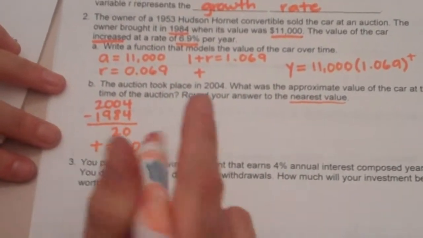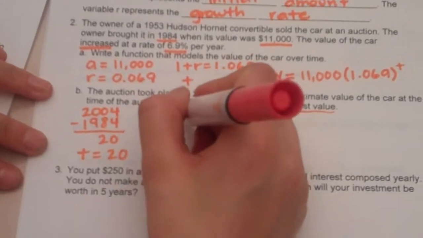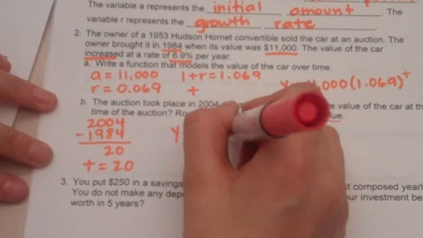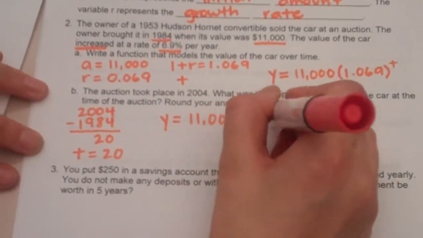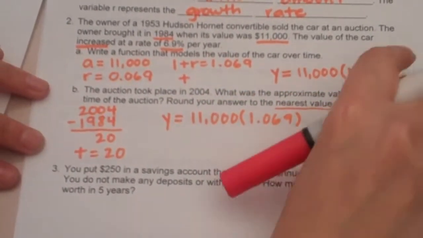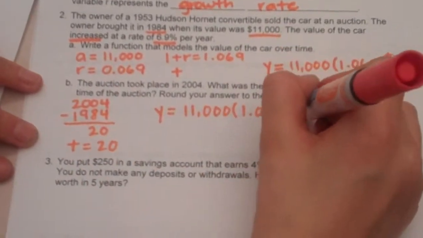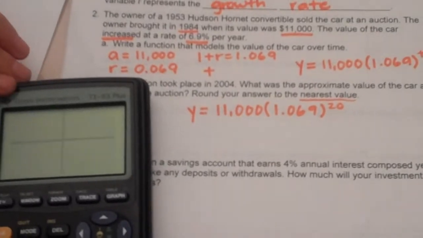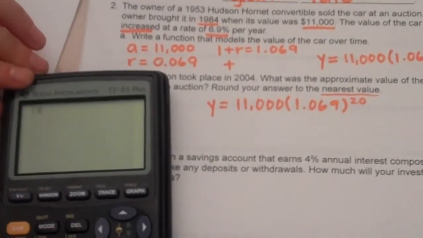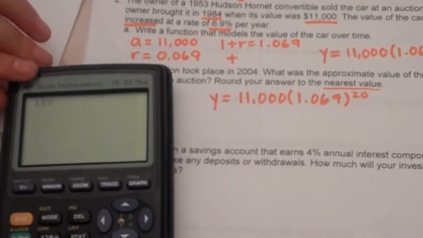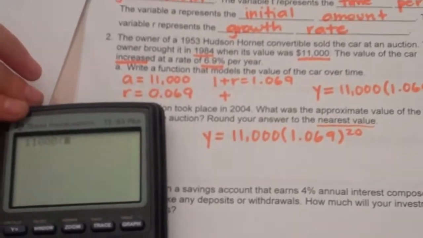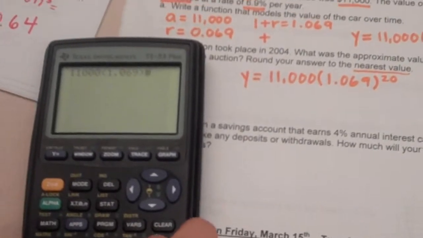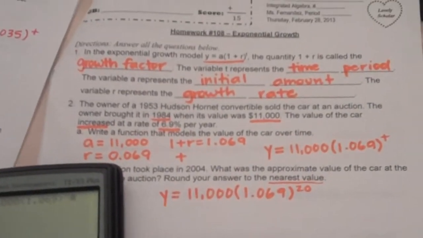Now I substitute 20 for my exponent in my exponential growth model function. So I'm substituting t is 20. I'll put this in my calculator. 11,000 times the quantity 1.069 raised to the 20th power.